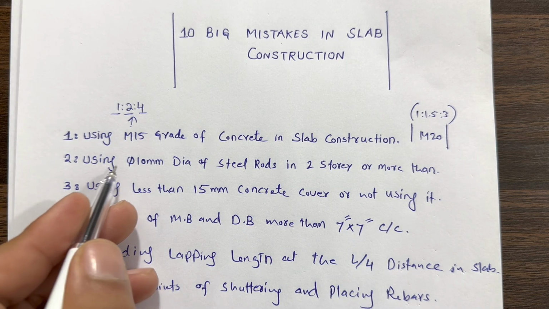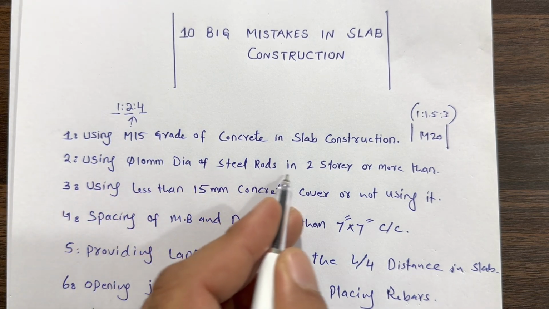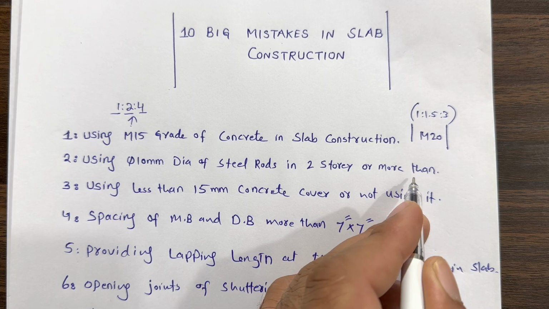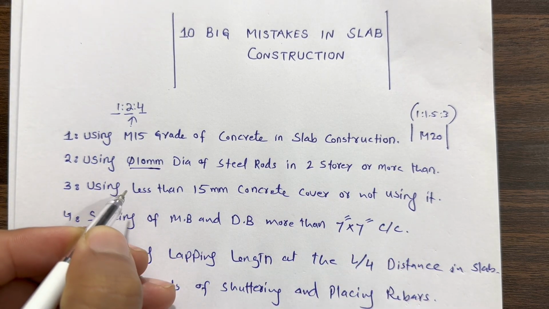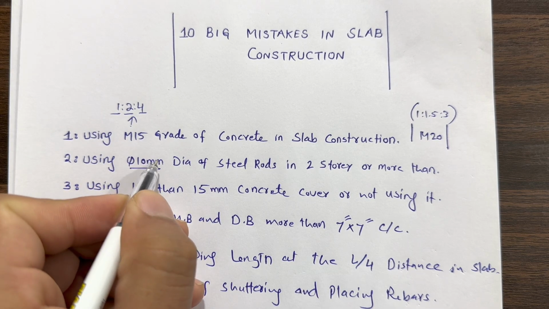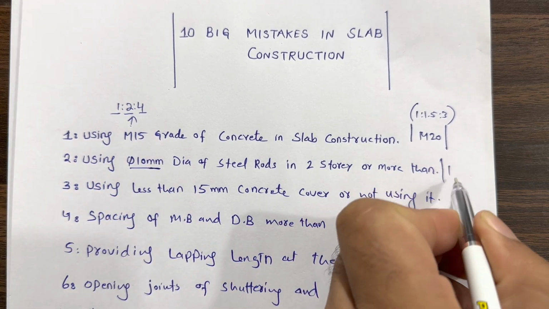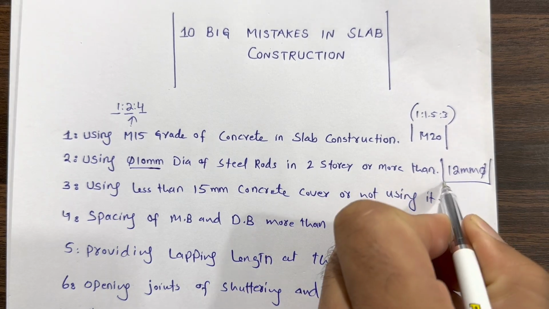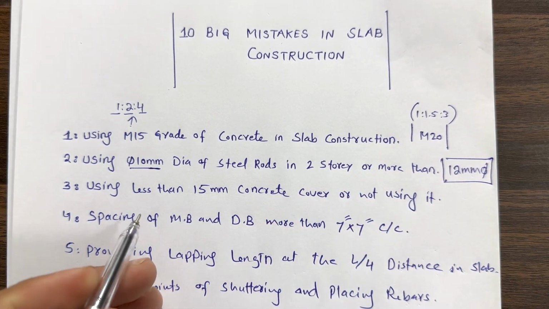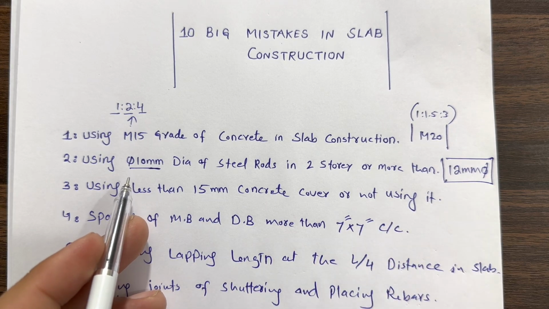Next guys, using 10 millimeter diameter steel rods in a 2-story or more than 2-story building. So don't use 10 millimeter diameter steel rod. Use minimum 12 millimeter diameter steel rod, because a 10 millimeter rod can't support the structure load.